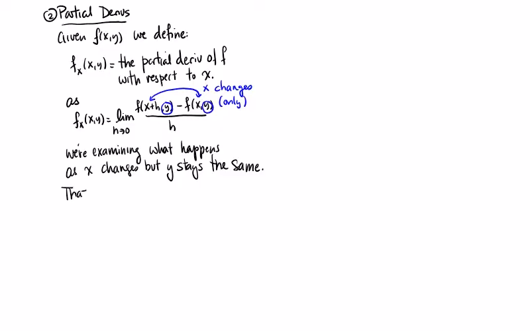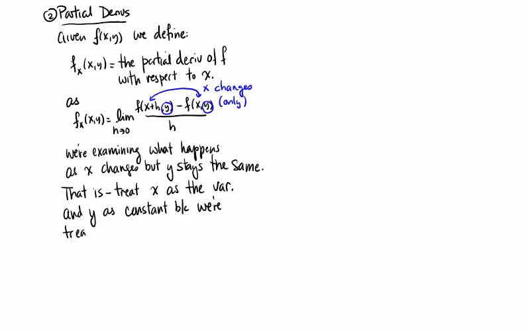So in other words, the idea of what's going on here is the following: treat x as the variable and y as constant, because we're treating it like it's not changing, right? Where, let's say, treating it as if it doesn't change.